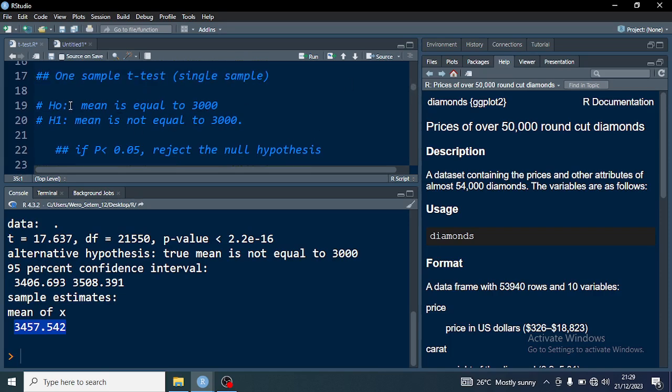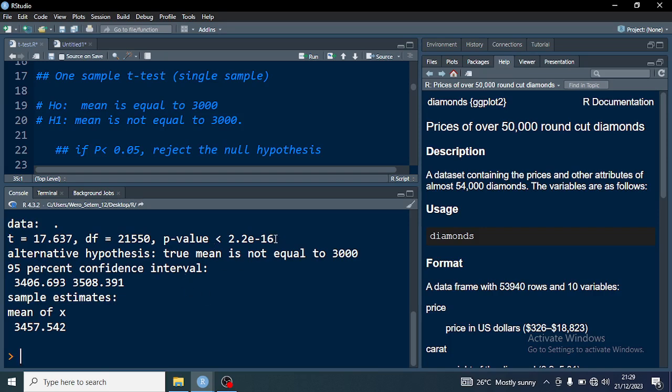Our null hypothesis states that the mean is equal to 3000, and our alternative hypothesis states that the mean is not equal to 3000. Now what's our p-value? The p-value is very small, 2.2 times 10 raised to power negative 16. So it's 0.000000000000002. It's very small.